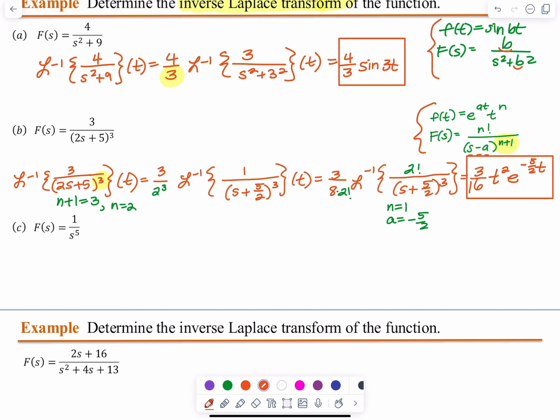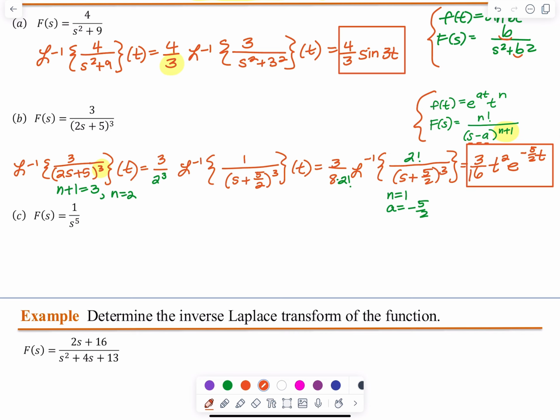Let's take a look at our next example. We have the inverse Laplace transform of 1 divided by s to the 5th. So looking at the second column of our table, we have that when f of t is equal to t to the n power, the Laplace transform is equal to n factorial divided by s to the n plus 1 power.